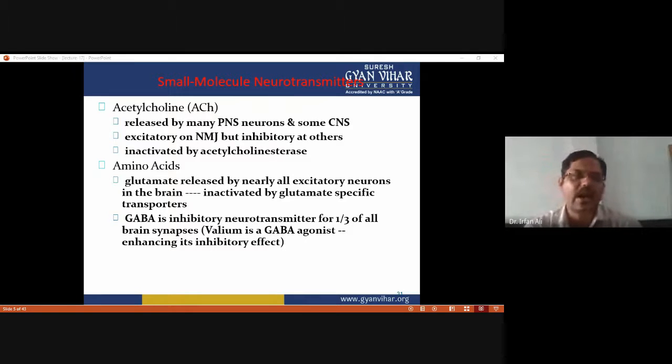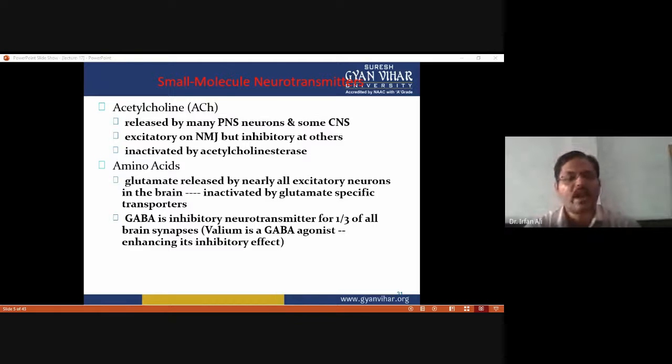It acts as an excitatory neurotransmitter at the neuromuscular junction, which means nerve impulse conduction takes place. If it is released at any site other than the neuromuscular junction, it acts as an inhibitory neurotransmitter, which means the nerve impulse conduction can no longer be carried out.